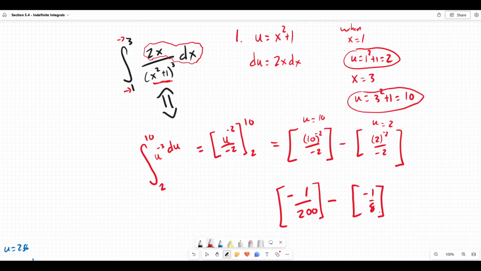Negative 1 divided by 200 plus 1 divided by 8, I get 3 over 25. So once you get to this point, then it just becomes plug in to your calculator.